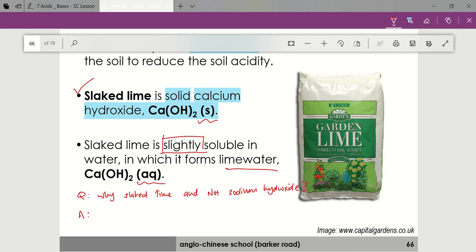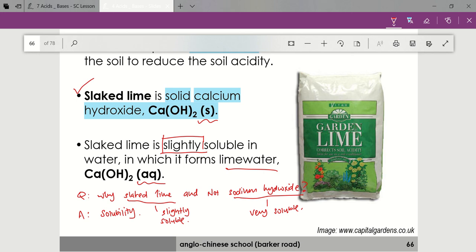The main idea here is really due to solubility. Slaked lime is only slightly soluble, whereas sodium hydroxide is very soluble.